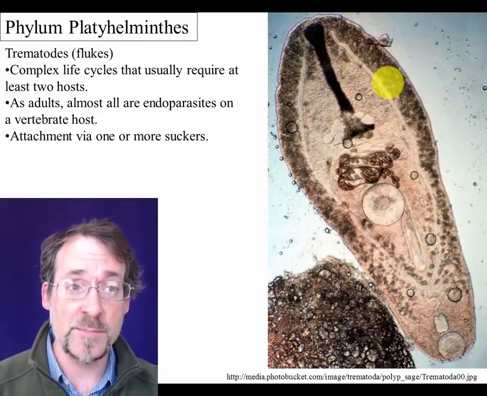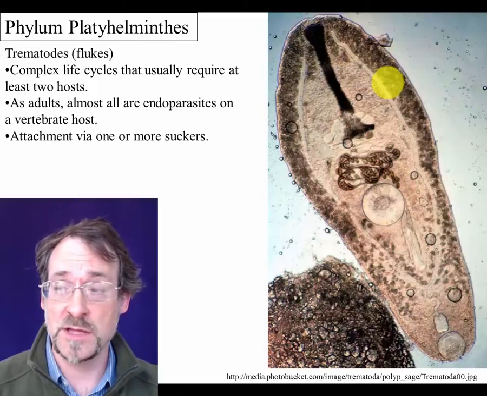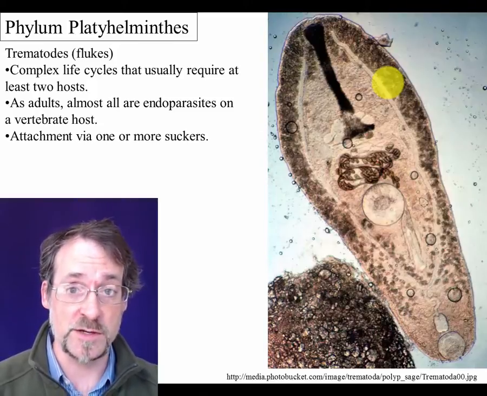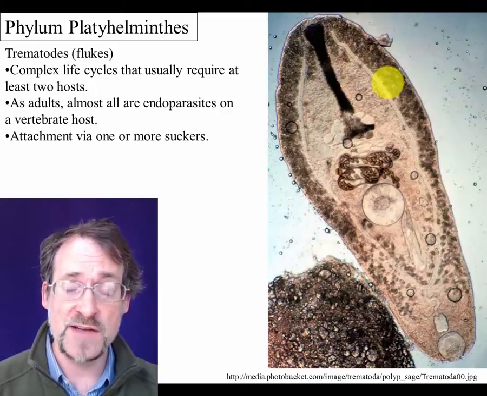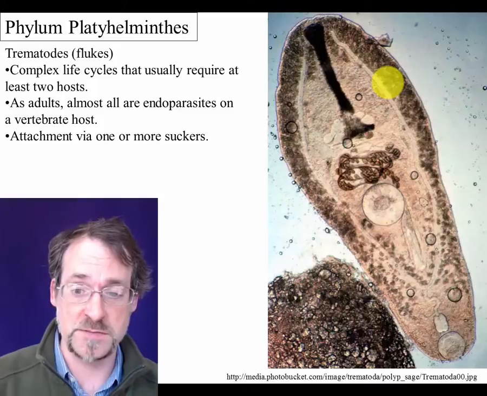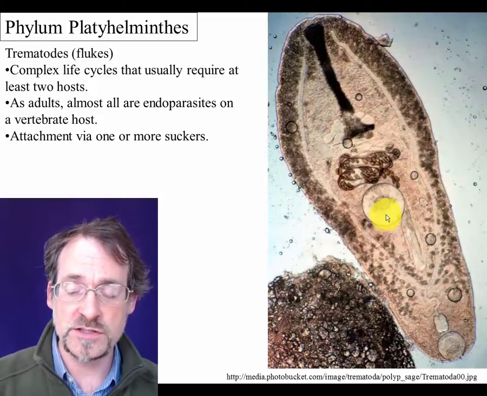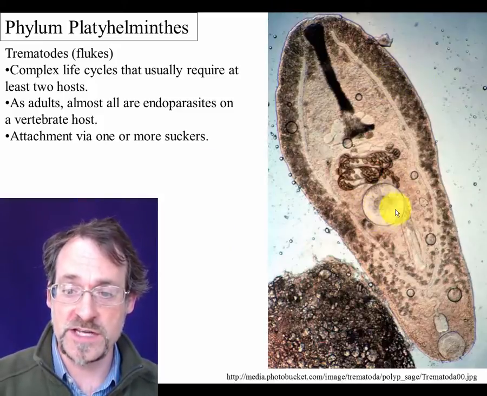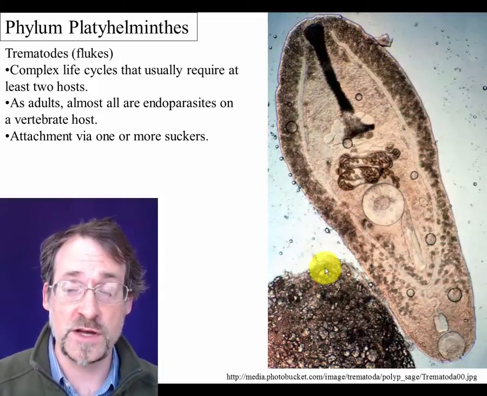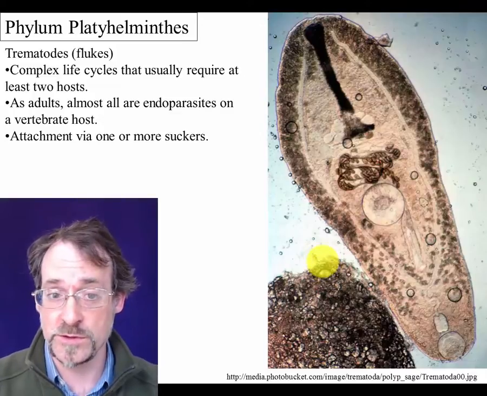If they are separated from their host, life is going to be much more difficult for them, and in fact it may be fatal for them to be separated from their host. And so they have a tendency to hang on very tightly using some kind of attachment mechanism. You can see the suckers on this fluke here and here. It uses those to stick close to its host, which is its source of housing as well as its source of food.